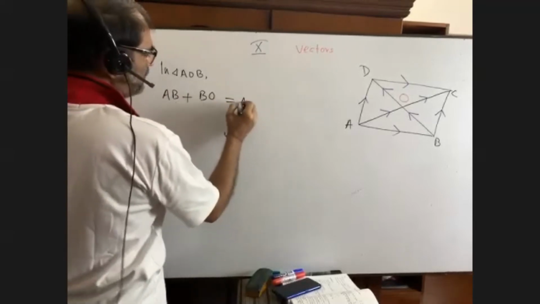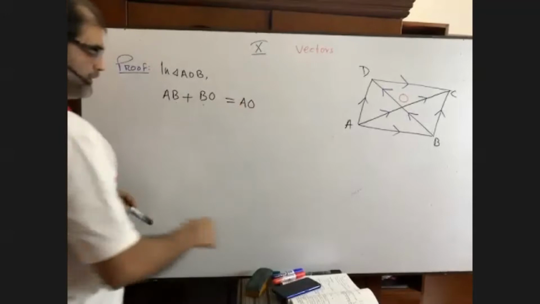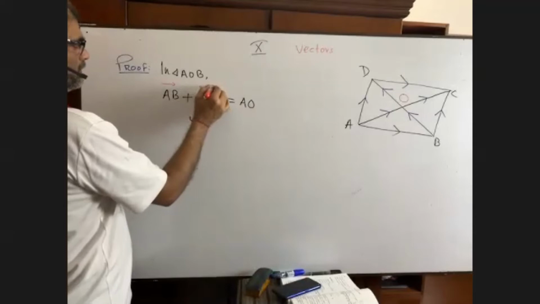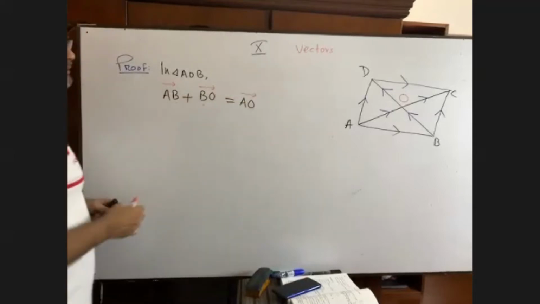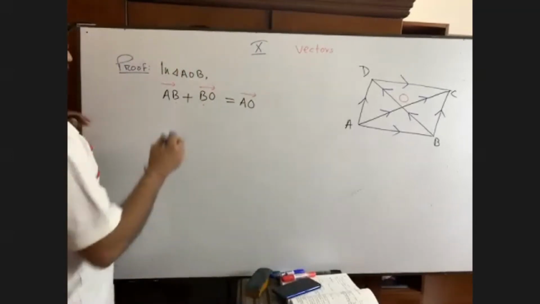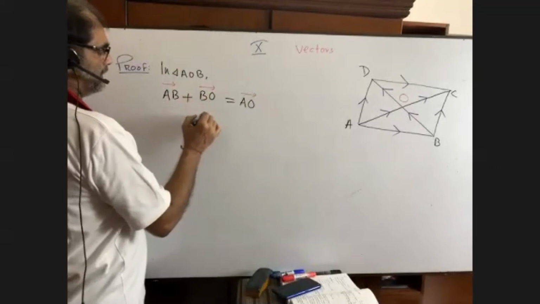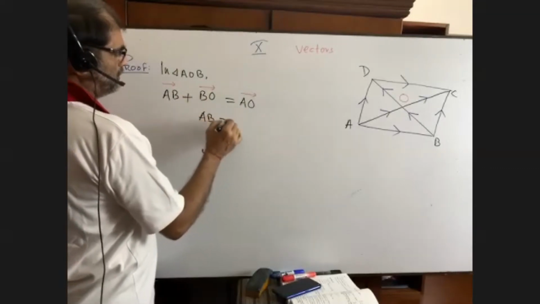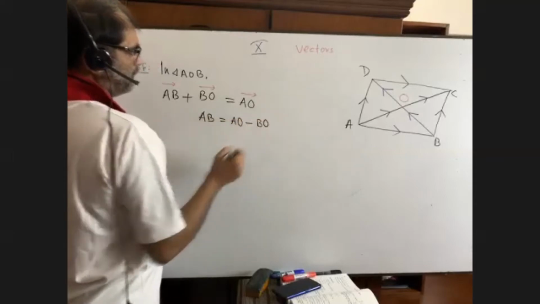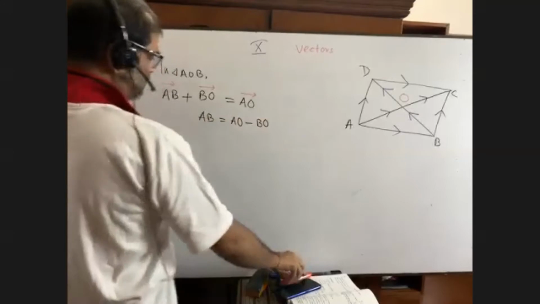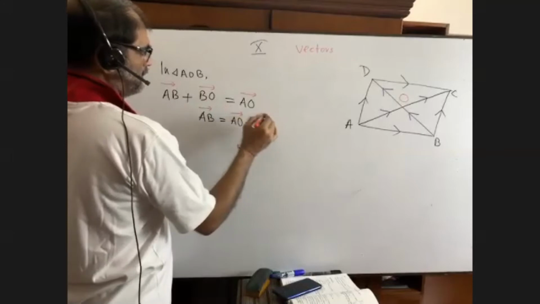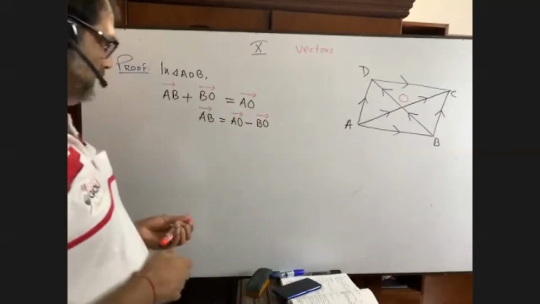Yes, we can go from A to O. Please try to understand. If you fail to understand, please let me know. That means we can write here AB is equal to AO minus BO. Is it okay to all?